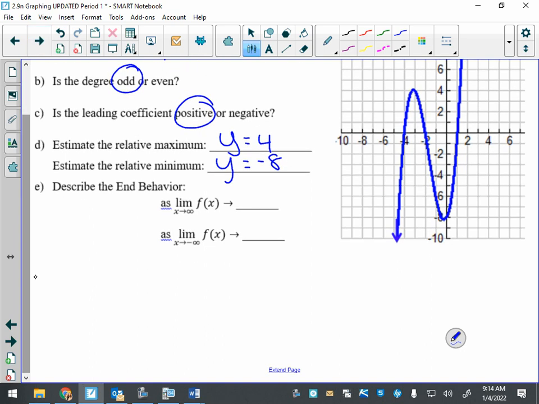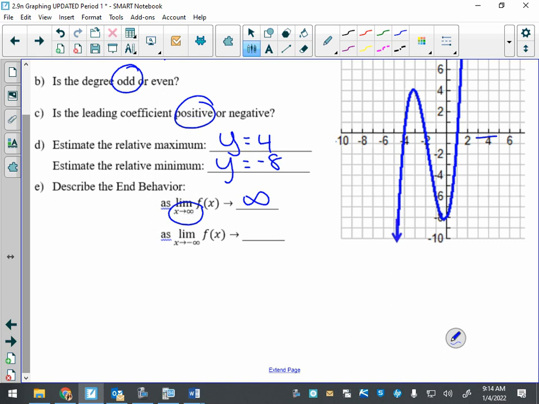Now the end behavior. Be careful. Look underneath. It's different as x approaches positive infinity. So now we're looking this way. As x increases, where's my y heading to? Infinity, good.